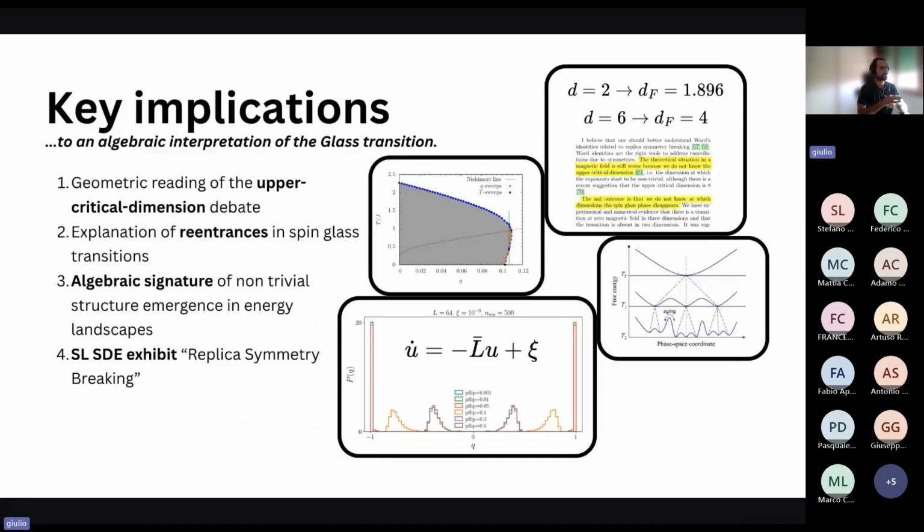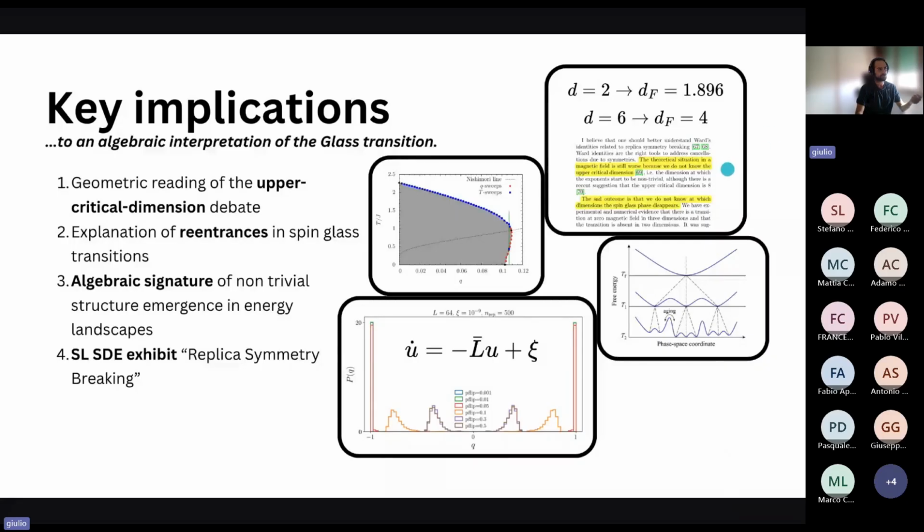Some key implications for the glassy transition are mostly conjectures, except for the fourth one. For example, the problem of the upper critical dimension of the spin glass: you can think of it as if the topological substratum in which the effective Ising model is moving is a fractal percolating cluster.